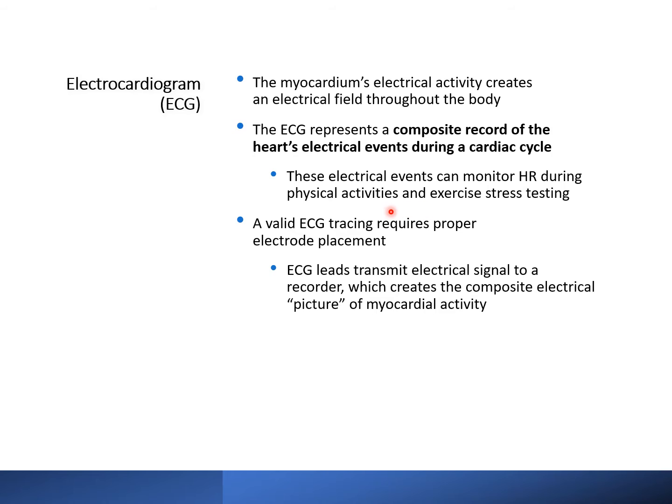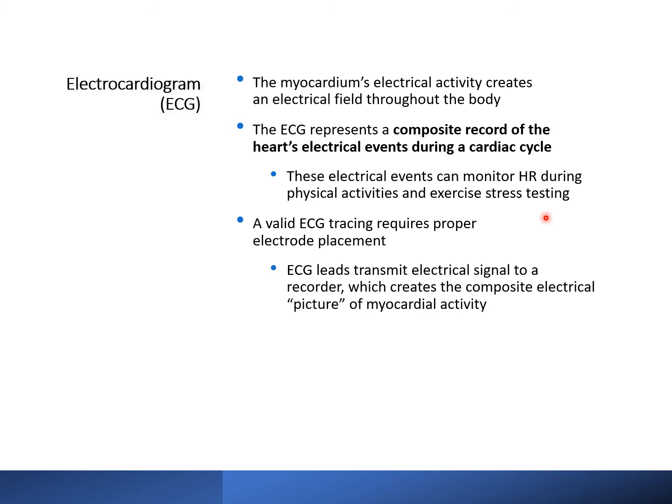Again, these electrical events can monitor heart rate during physical activities and exercise stress testing. If you guys remember from lab 3, I had that computer system out and we attached it to your finger, and it showed your heart rate up and down as we went through the exercise.